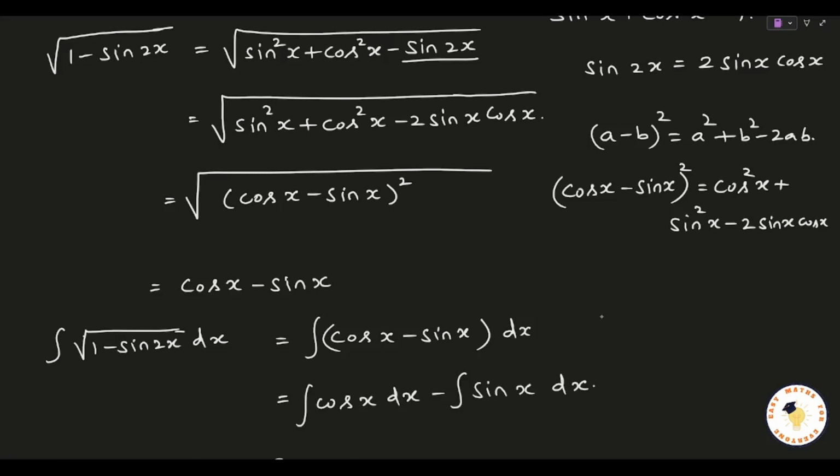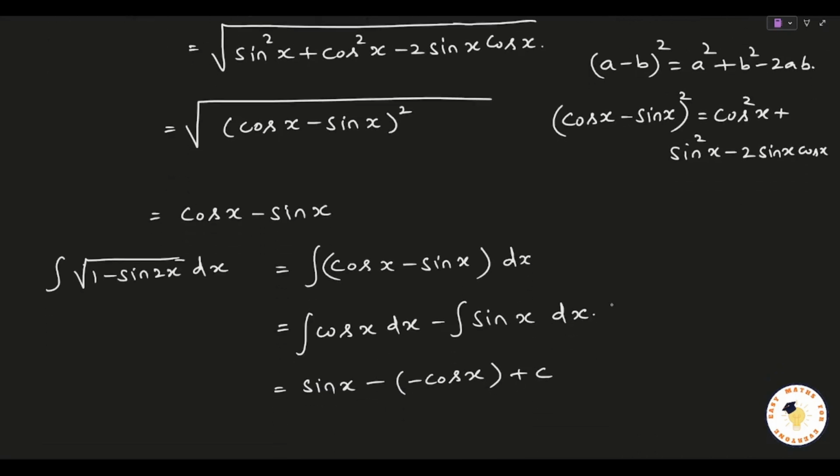Of course, we know integral of cos x is sin x, minus integral of sin x is minus cos x plus c. Simplifying this further, this is equal to sin x plus cos x plus c.